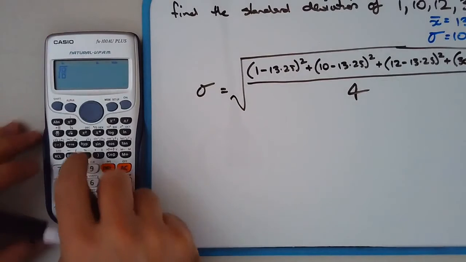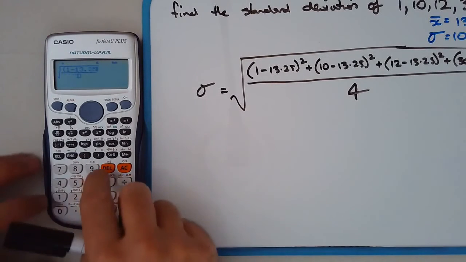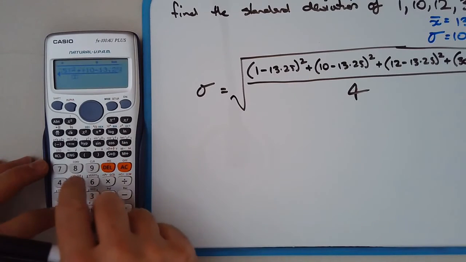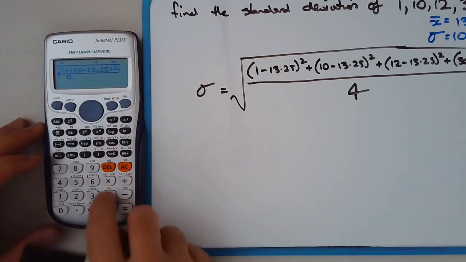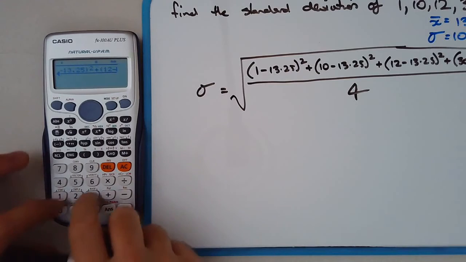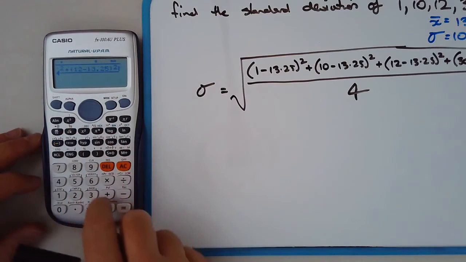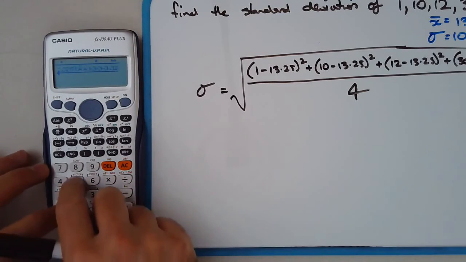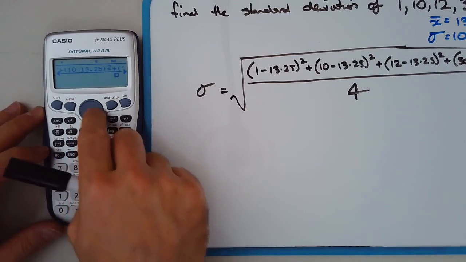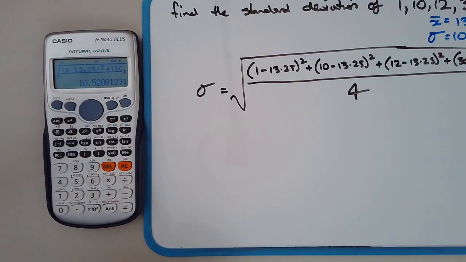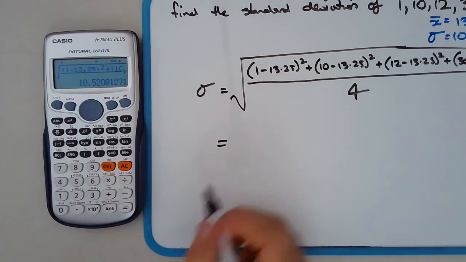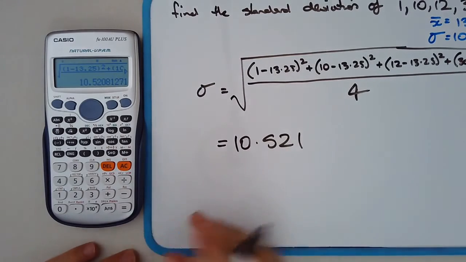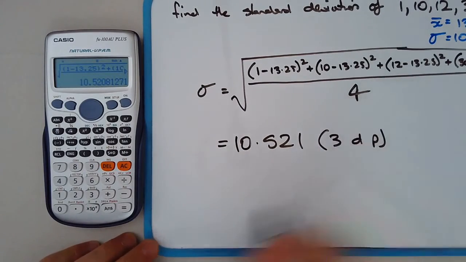Let's enter this mess in: 1 minus 13.25 squared plus 10 minus 13.25 squared plus 12 minus 13.25 squared plus 30 minus 13.25 squared, over 4. And we get 10.521. The system works. That's rounded to 3 decimal places.